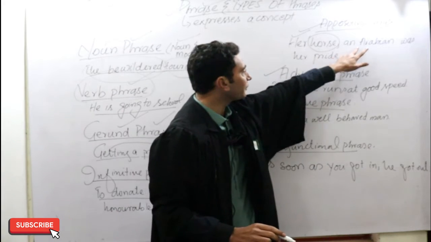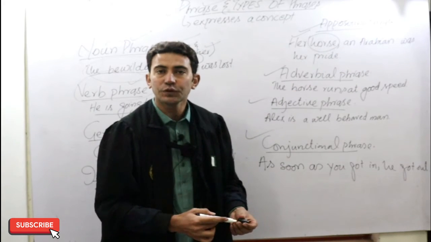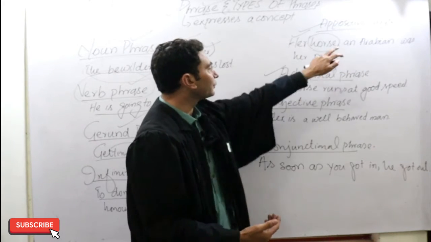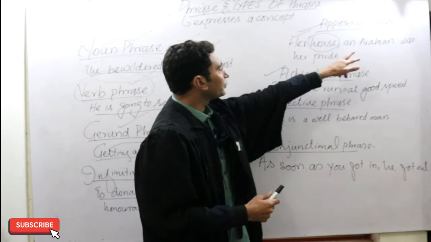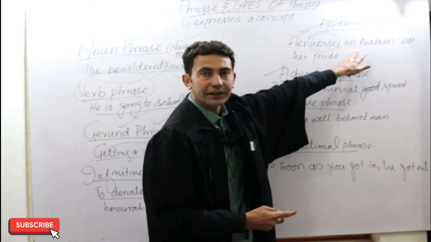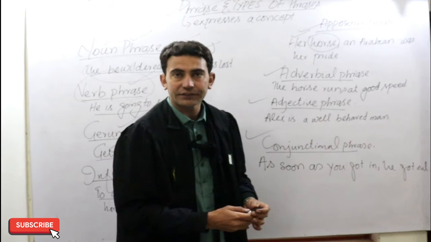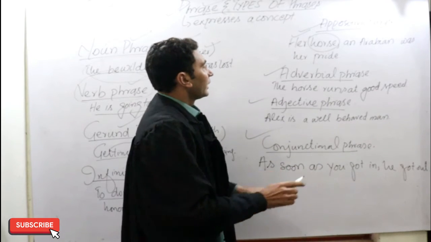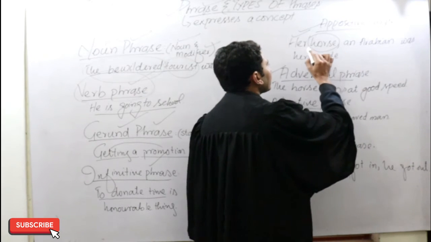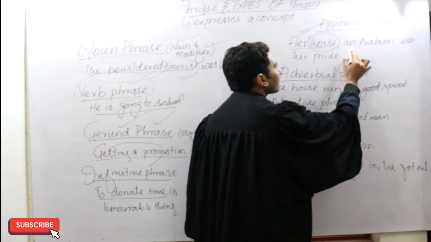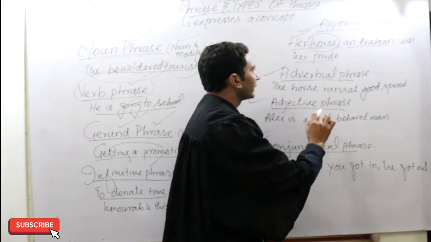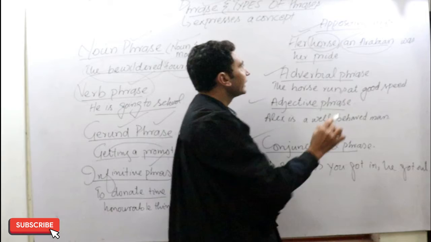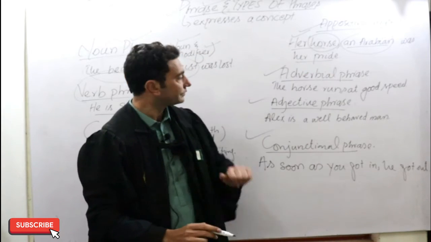Now we want to give it another definition, to restate and redefine it. For that we need an appositive phrase. Look at this example: her horse, an Arabian, was her pride. So "an Arabian" is an appositive phrase.